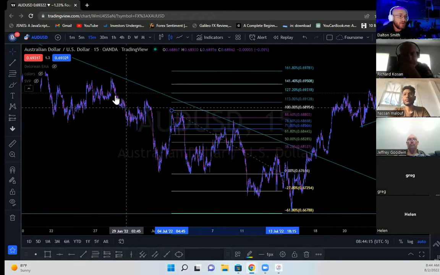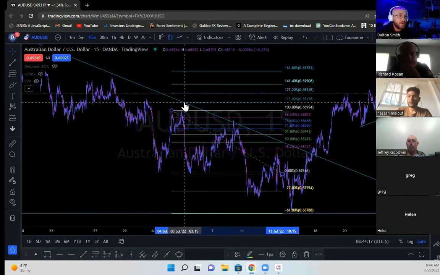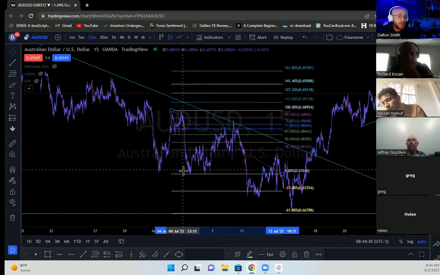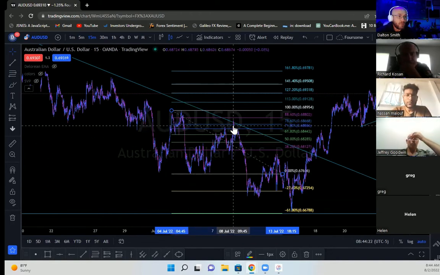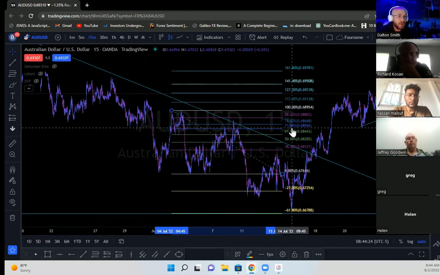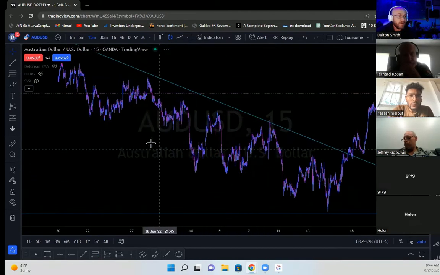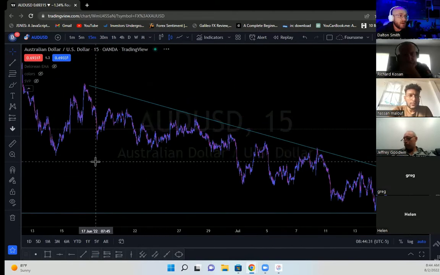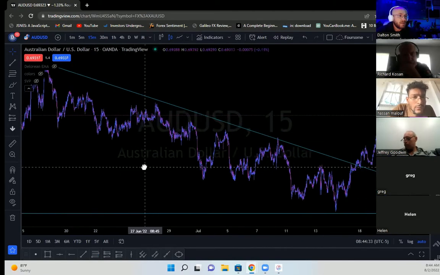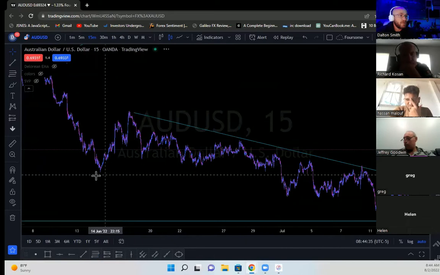This is the kind of stuff I'm looking for. I'm looking for it to get up close to my trend line. And then I take my low and I look for it to go back up to my zone and go down to the negative 27. Of course, I can find these all the time if you guys are in here with me, and then it kind of starts to get choppy.